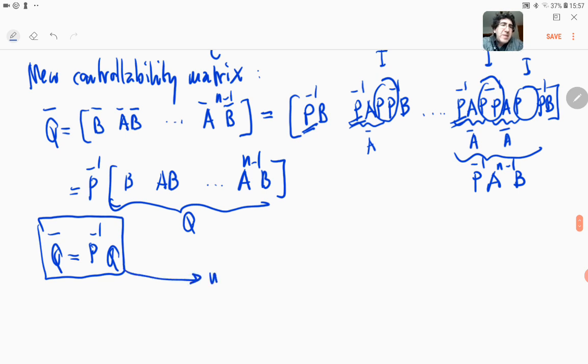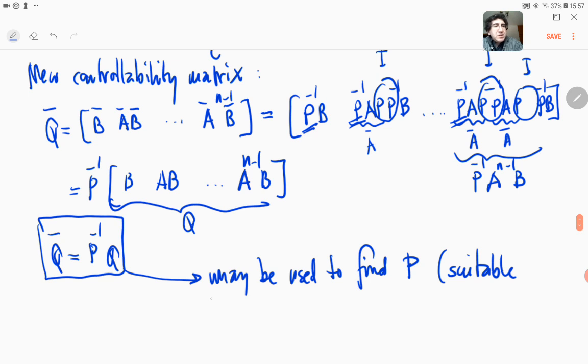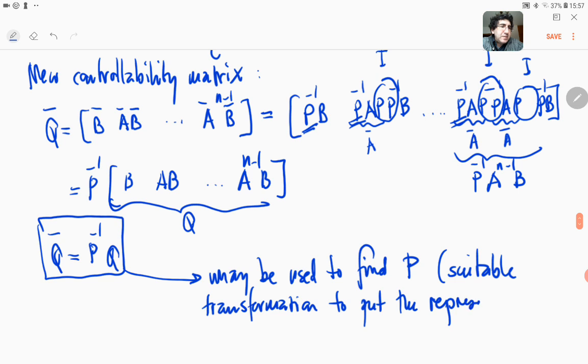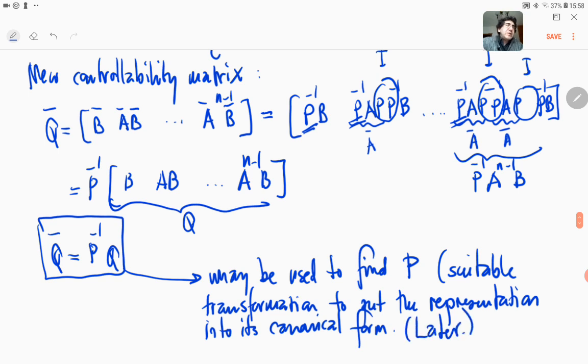We're not going to go into too much detail, but this may be used to find P, the suitable transformation to put the system representation into its canonical form later.